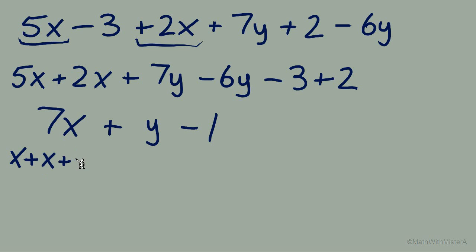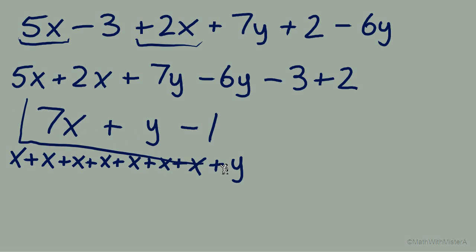We use multiplication to write repeated addition only when we have the same number added over and over and over. So there's x added up a total of 7 times, that's 7x. But adding a y doesn't leave an opportunity for us to write this as a multiplication, because now we're adding different kinds of numbers. So 7x plus y minus 1 is as simple as this expression can get.